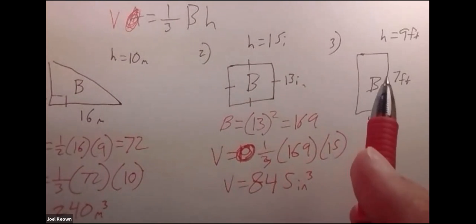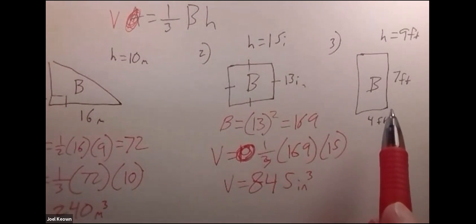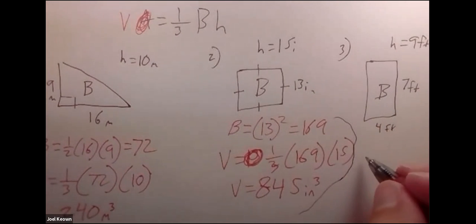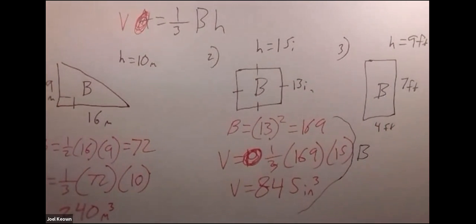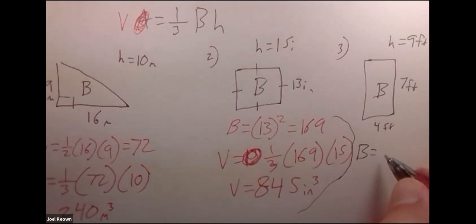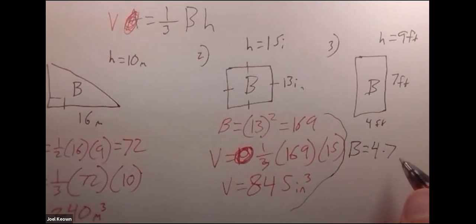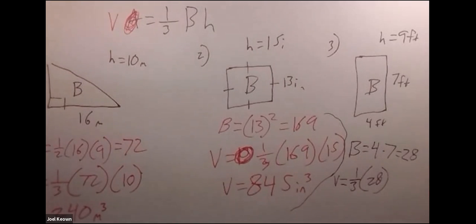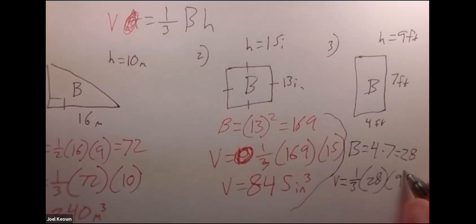Last example. Over here, I have a rectangular base. My base here is going to be base times height, so 4 times 7. 4 times 7 is 28. Okay. My volume is going to be 1/3, that number right there, 28, times the height, which is 9.